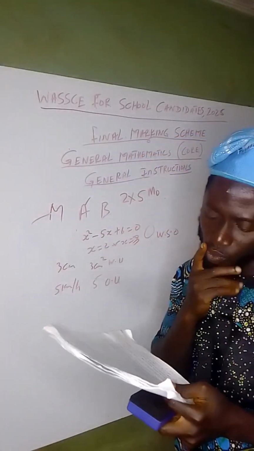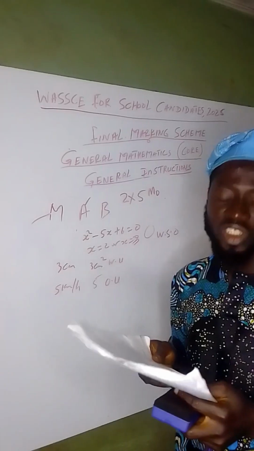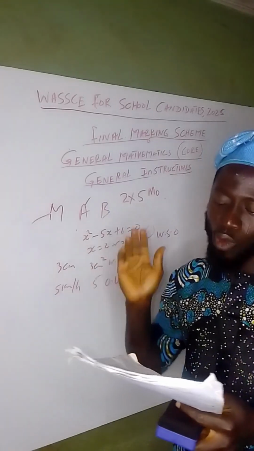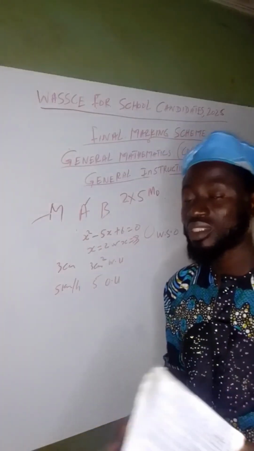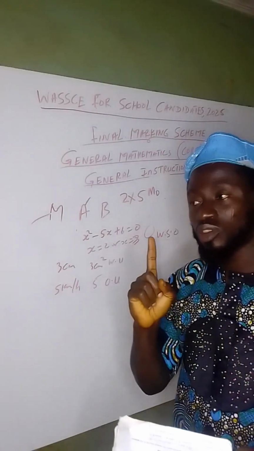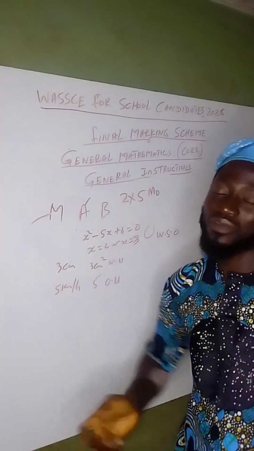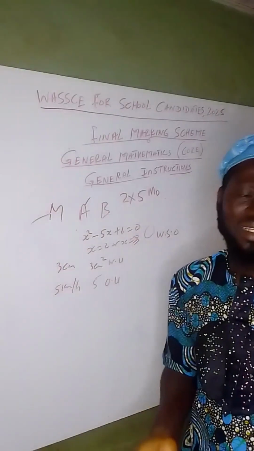Instruction 8. If a question is attempted more than once, mark all and record the mark for that which has gained the lowest mark. If you attempt a question twice, three times, five times, you are just wasting the time of the examiner, who has about 200 and something scripts to mark.